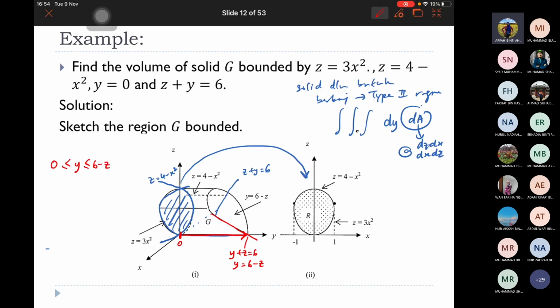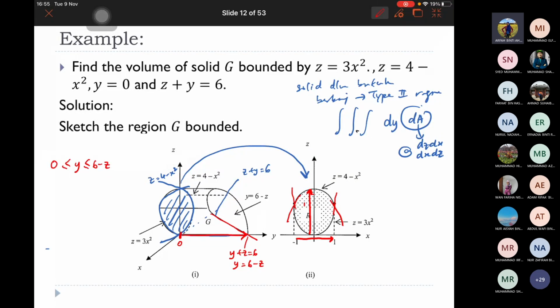Okay. Then tengok base dia. Dia punya base dia untuk tentukan boundary untuk Z dan juga X. Katakan saya gerakkan dia dari bawah ke atas, then baru daripada kiri ke kanan. So dapatlah daripada bawah ke atas kita akan bertemu dengan ini garisan yang Z sama dengan 4 tolak X². And this is the line of Z sama dengan 3X kuasa 2.